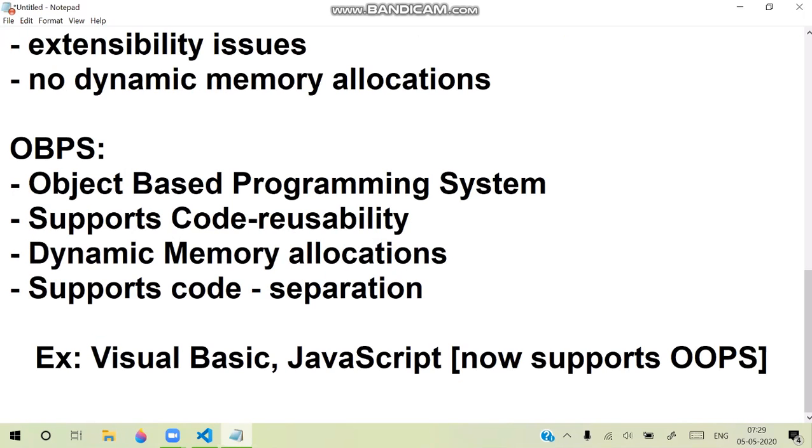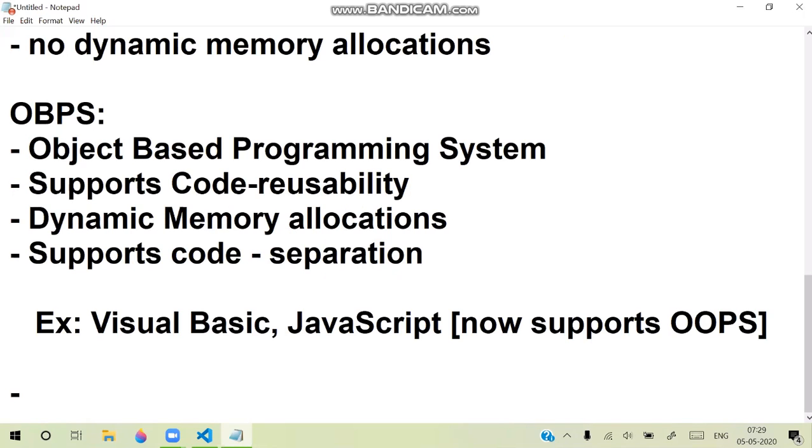So what are the issues in this OBPS, object-based programming system? The main problem is extensibility issues.